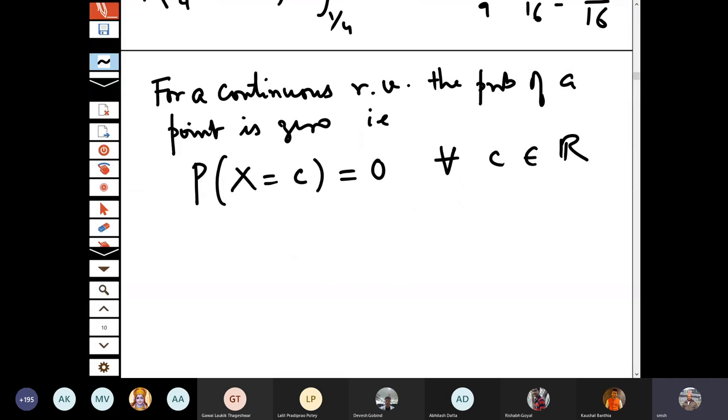There is a general function which takes care of both of these, and it is a slightly generalized function. Let me give the definition for that. That is called the cumulative distribution function of a random variable.